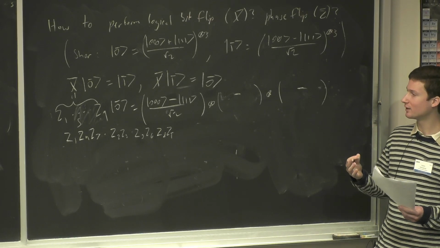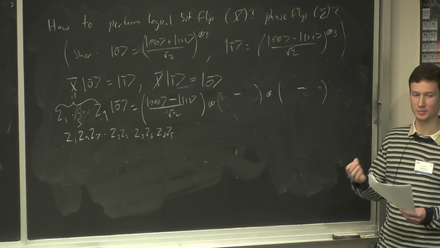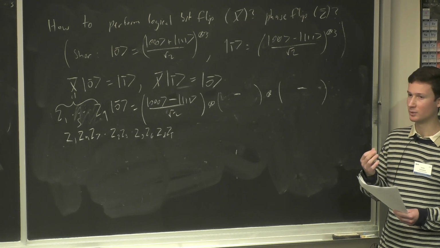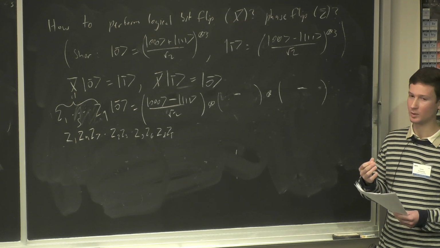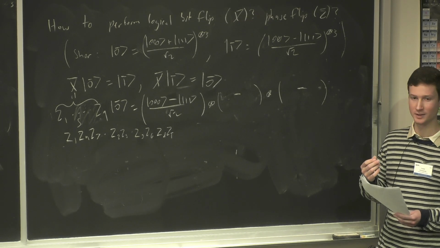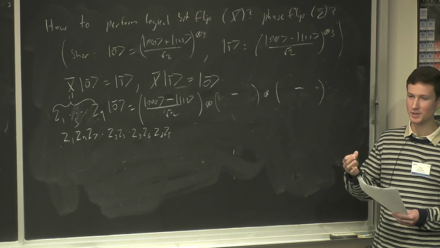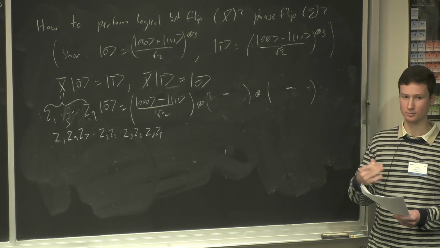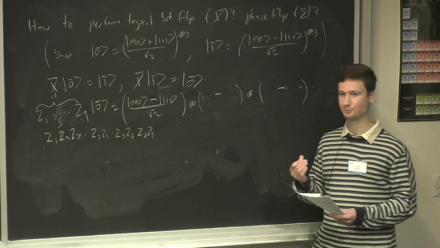So logical operators are only well-defined up to stabilizers. Another way of saying that is that we have a lot of different representatives for every logical operator. We can take any given representative, multiply it by any stabilizer, and we get another valid representative.